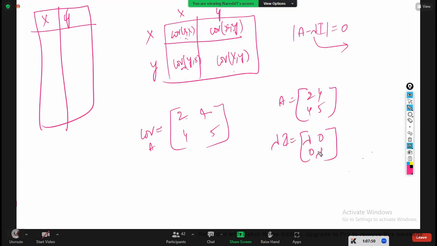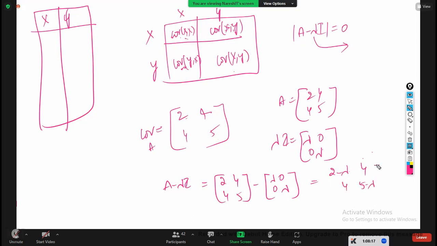So 1 into lambda is lambda, 0 into lambda is 0, 0 into lambda is 0, and 1 into lambda is lambda. A minus lambda I means 2, 4, 4, 5 minus lambda 0, 0 lambda, which is nothing but 2 minus lambda, 4, 4, 5 minus lambda.